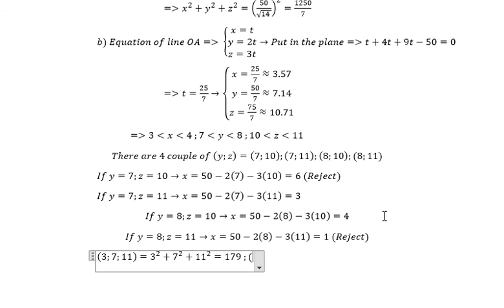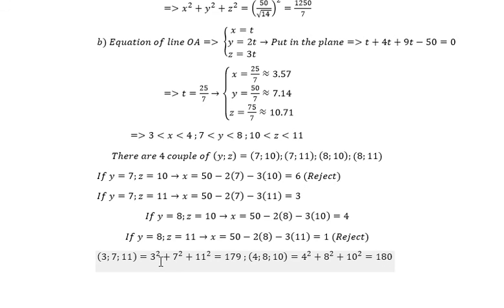The next one we have 4, 8, and 10, so we put 4 square plus 8 square plus 10 square. That's 180.